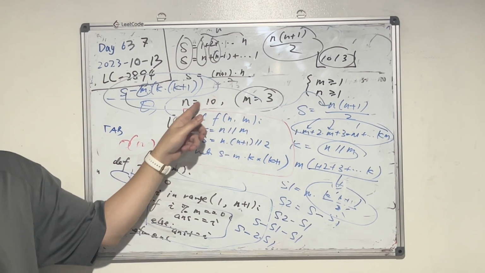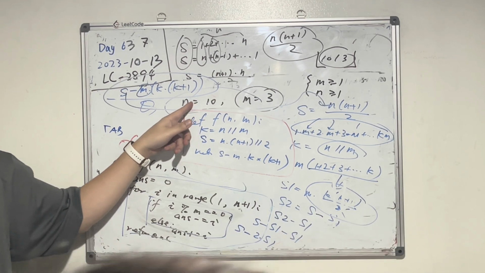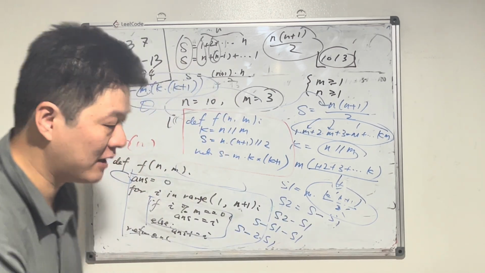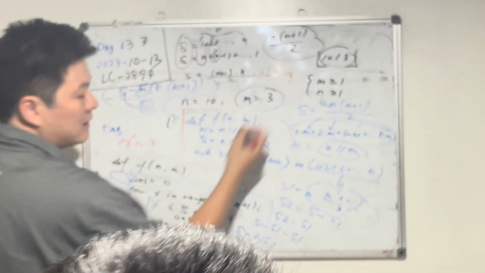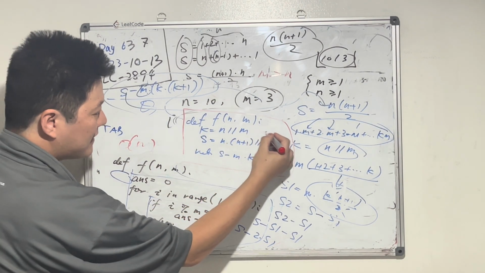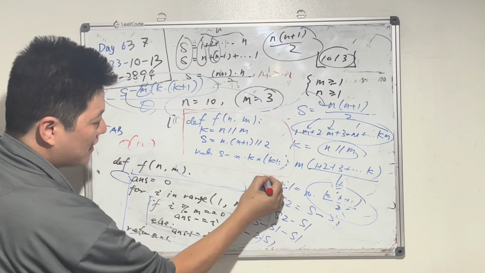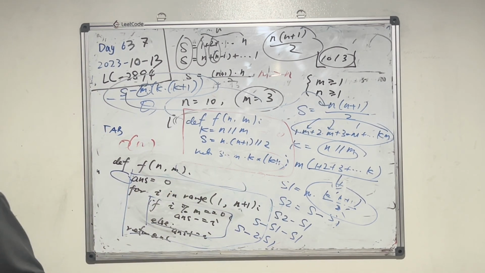When m is bigger than n, the answer should be s, the total sum. Look, if m is bigger than n, this k will be 0. If k is 0, this term is 0, then the answer is s. So all the numbers are not divisible by m. Does it make sense?